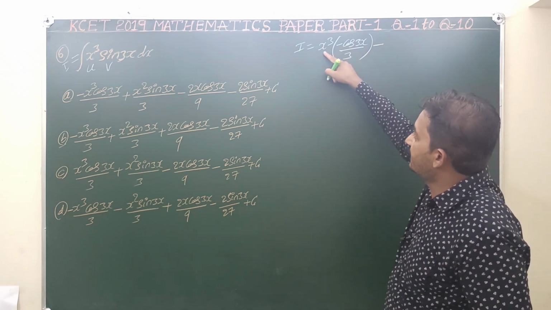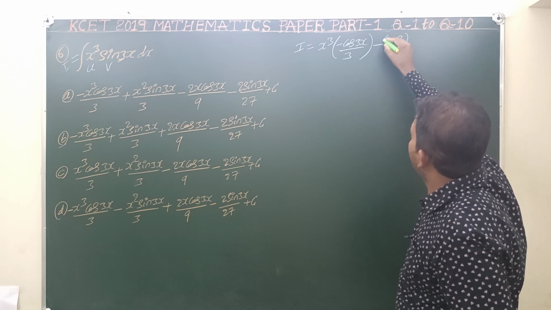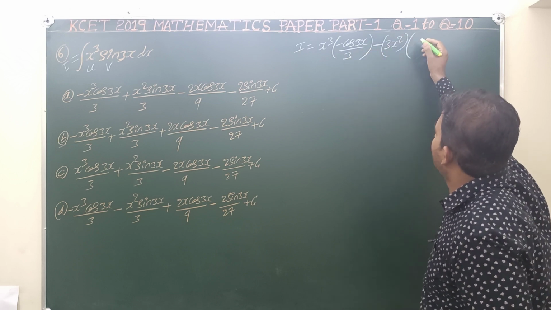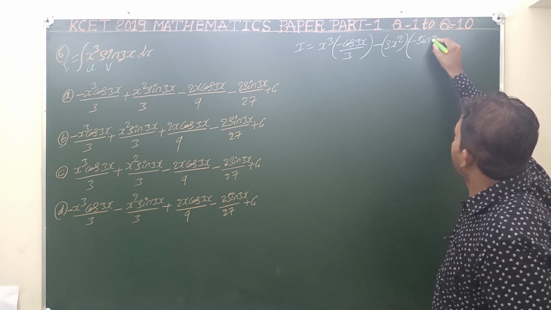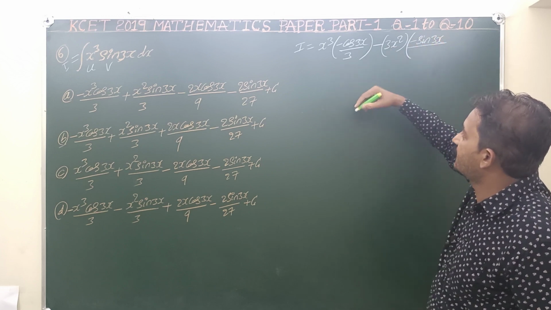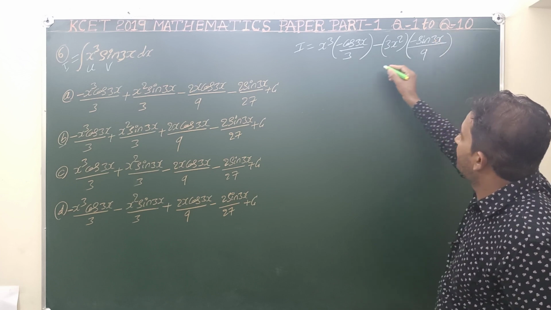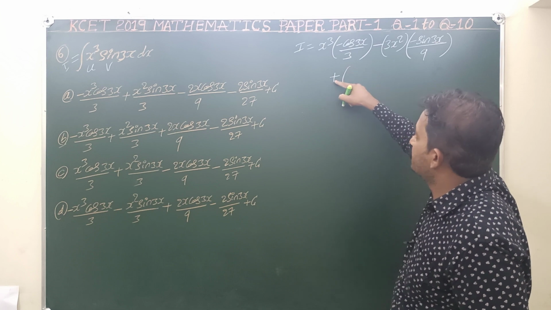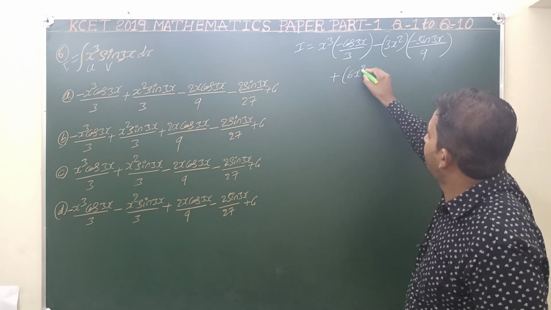Now differentiate x cube, successive differentiation, it becomes 3x square. Now integration of this value becomes minus as it is. So sin 3x, differentiation of sin 3x is cos 3x, again 3 into 3, 9, plus. Now this is the rule. Now differentiate 3x square, nothing but 6x.